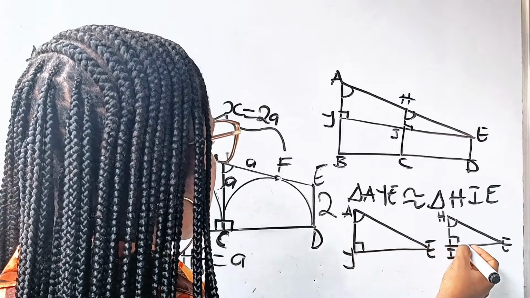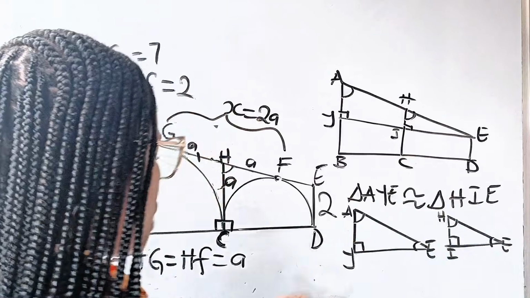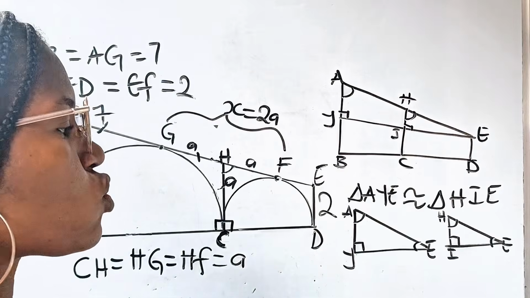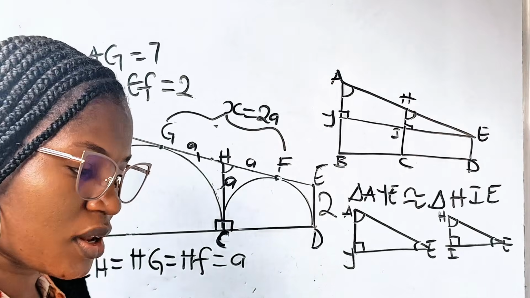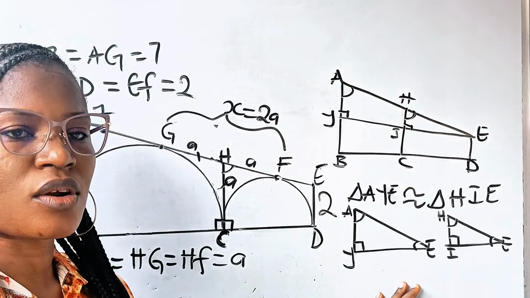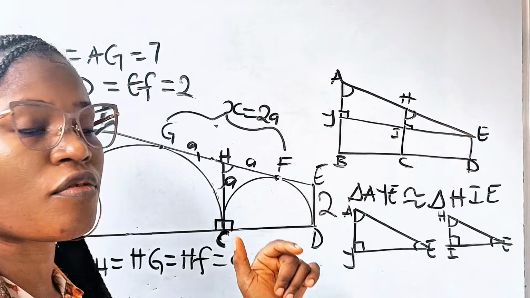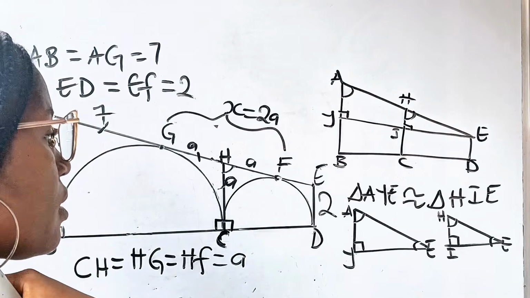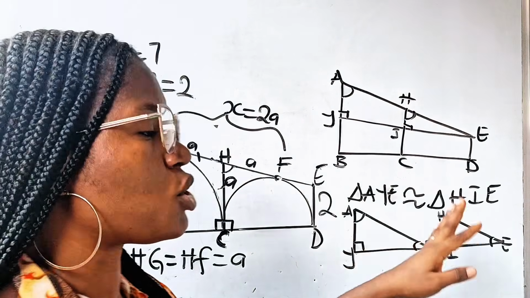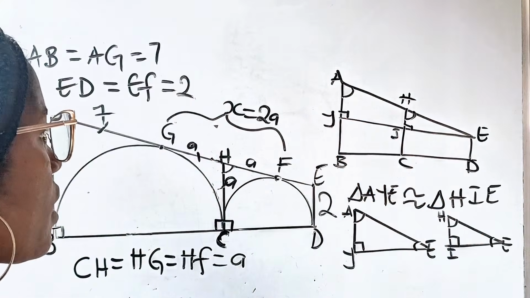This is also equal to this, meaning that E and E, they share that in common, so they are equal. So these two triangles are similar, sorry. And what does this mean? Remember that the ratio of corresponding sides of similar triangles are equal. So meaning that we can equate their ratios, right?